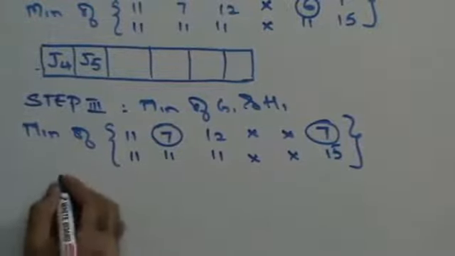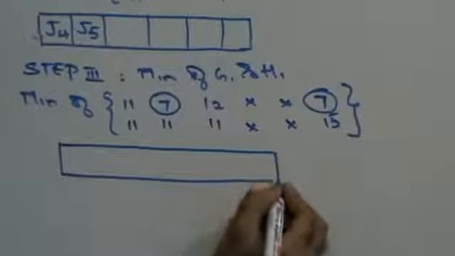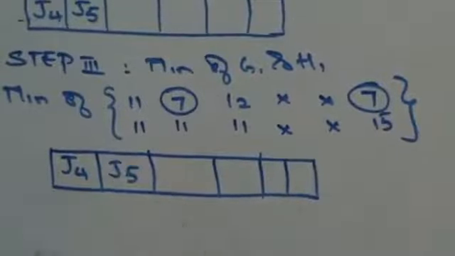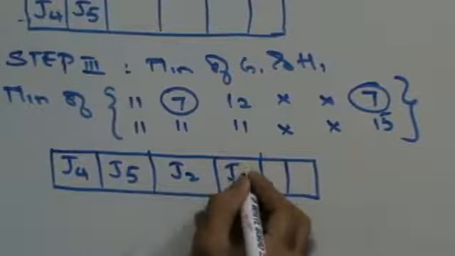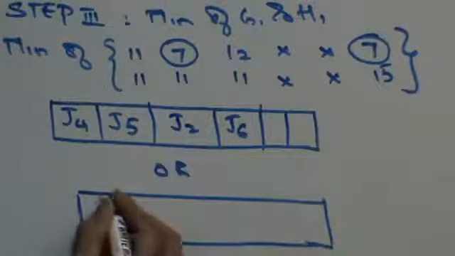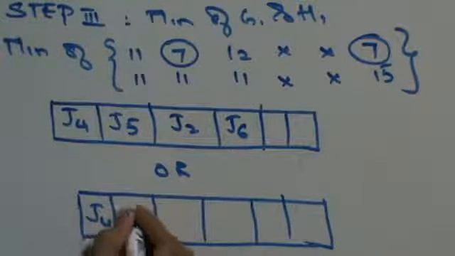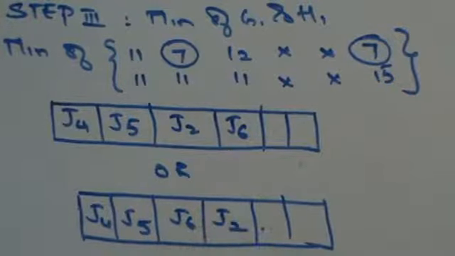Since both of them are in the first row, I have to write from the start point only. So 1, 2, 3, 4, 5. I already have J4 and J5, so either I can take J2 and J6, or I can take J6 and J2.